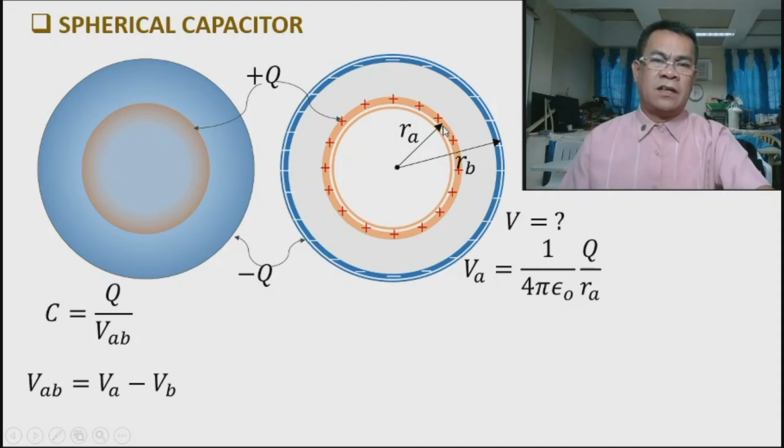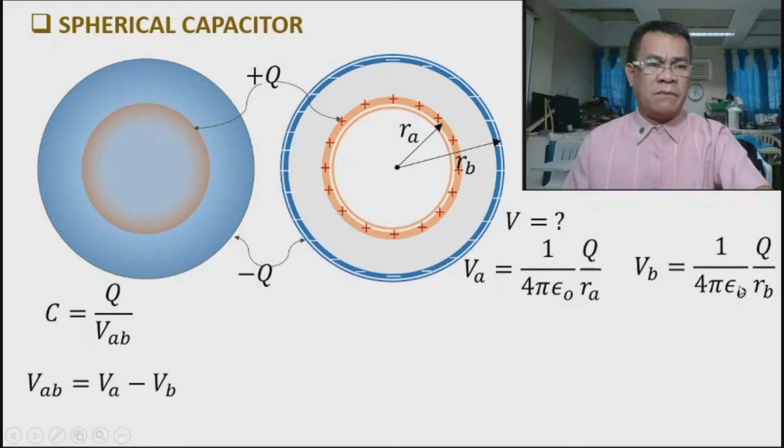The potential at the surface of the positively charged sphere is equivalent to 1 over 4 pi permittivity Q over RA, while at the outer sphere, which has a charge of negative Q, it is 1 over 4 pi permittivity Q over RB. These are the two potentials, the potential at A and the potential at B.